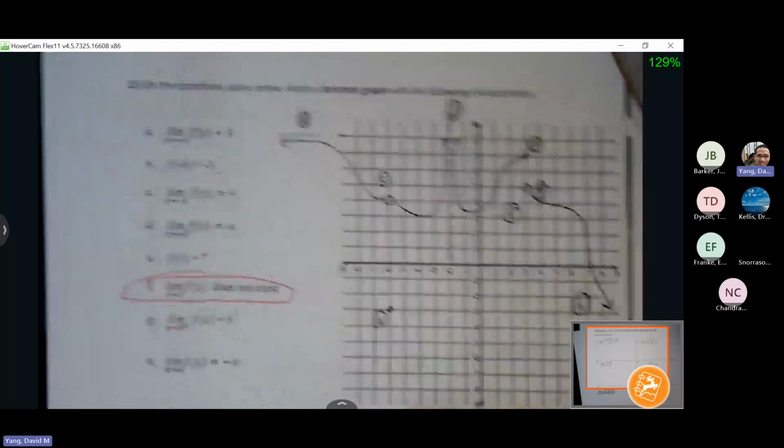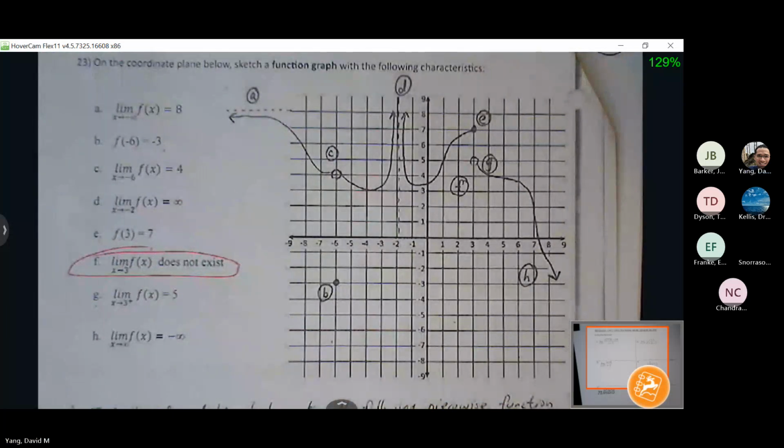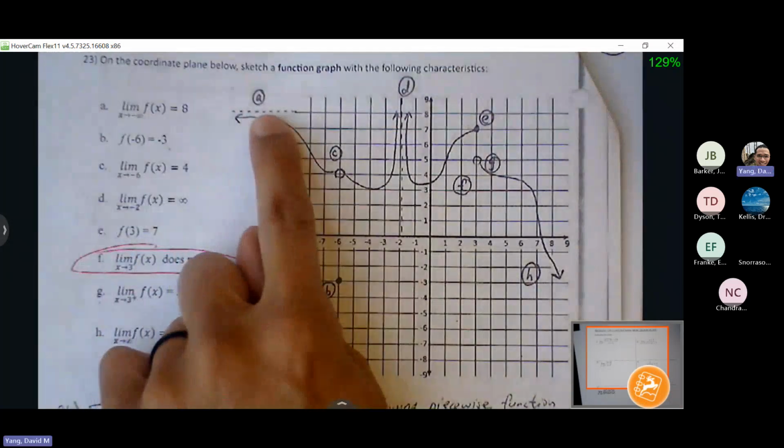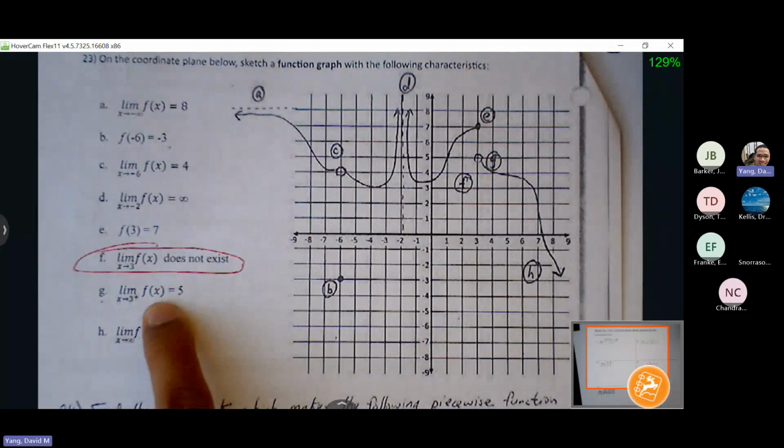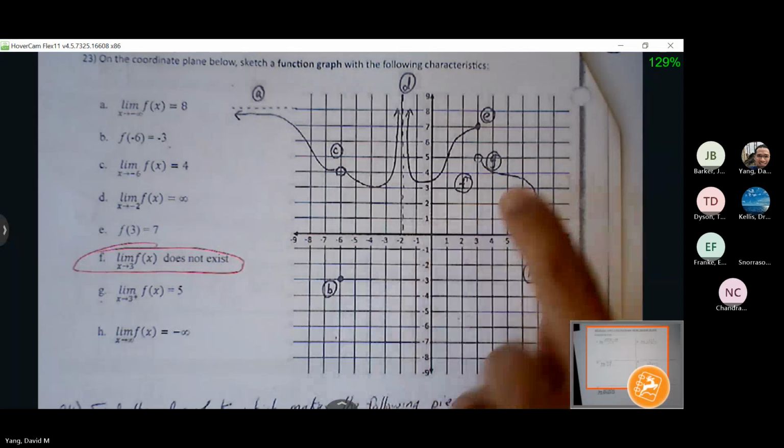Oh, you mean right here? Wait, hold on. Actually, 3 from the right is equal to 5.